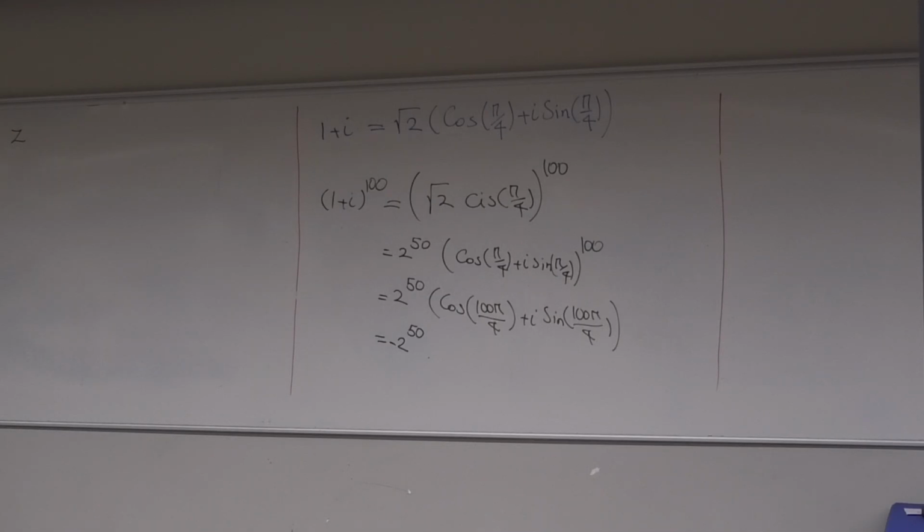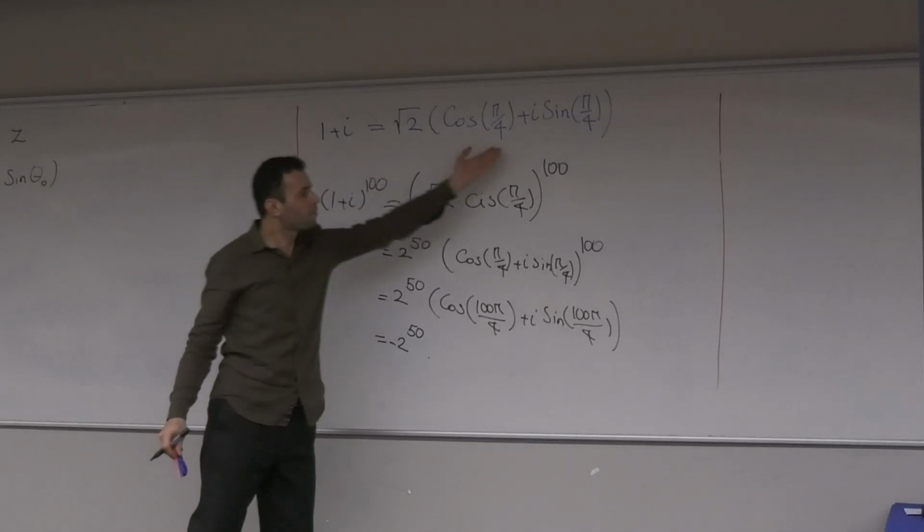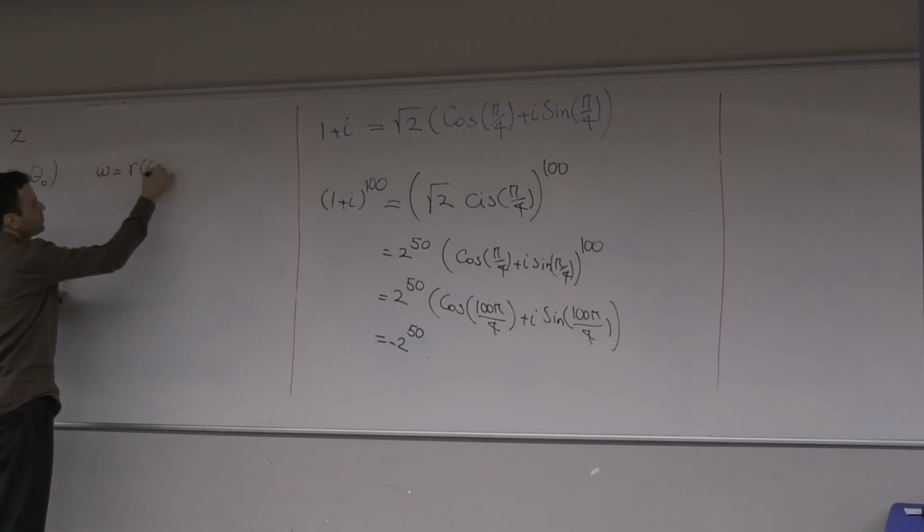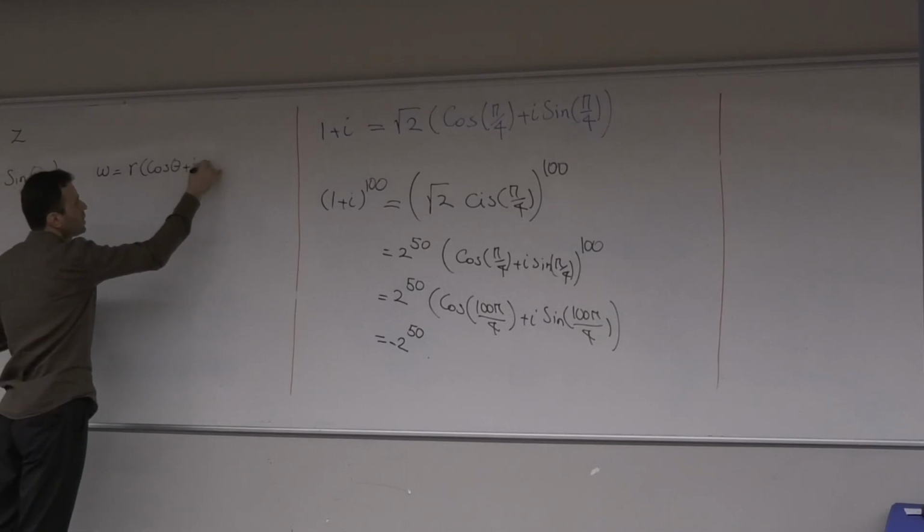If you have a complex number which is represented in this form, r0 times cosine of theta 0 plus i times sine of theta 0, how can we find its nth roots? Which means that, let's assume there is this number w, which is in this form again, r times cosine of theta plus i times sine of theta.